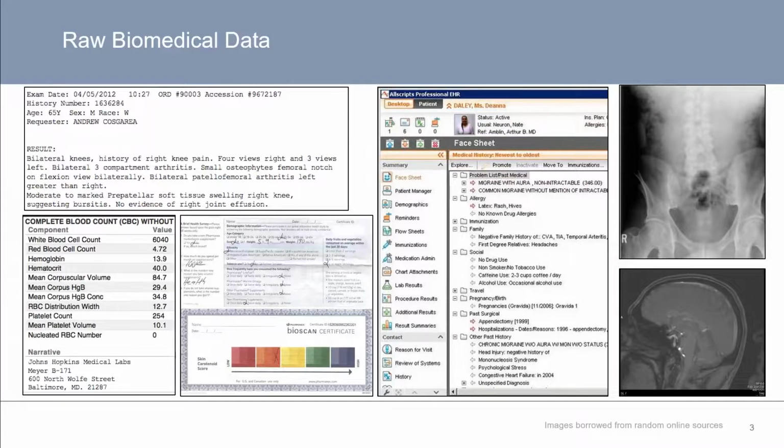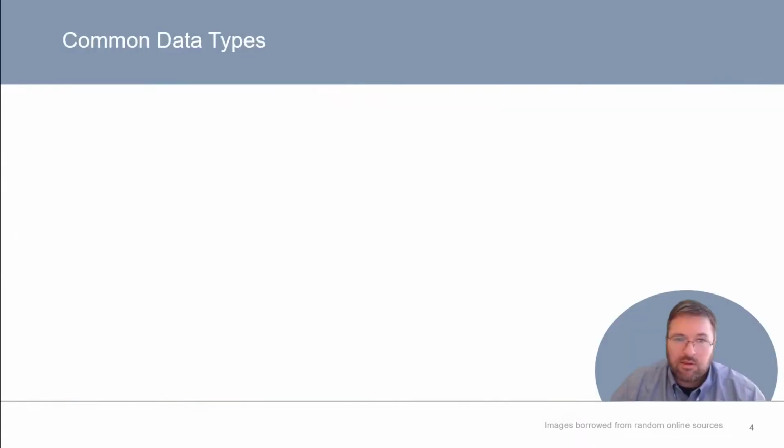Some data may already be in a structured and digitally accessible form, for example in a database. But many sources of biomedical data start in an unstructured and non-digital form. Such data must first be pre-processed and/or wrangled into a structured format prior to conducting any kind of statistical or machine learning analysis.